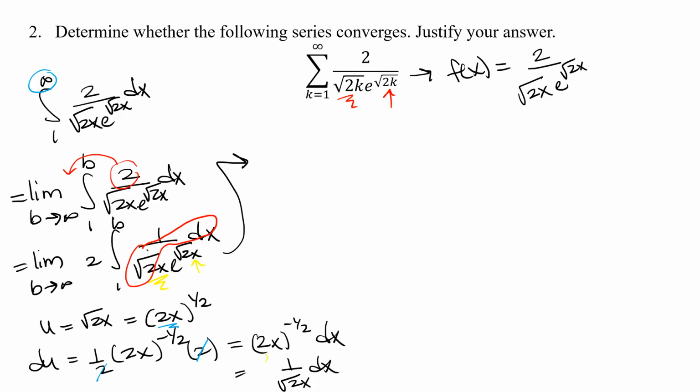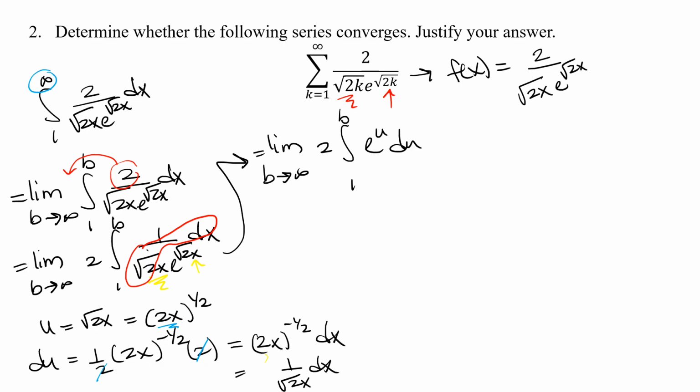So we have that limit in front as b goes to infinity. We have the 2 that we're going to keep. And now we're going to rewrite our integral in terms of u and du. So when we do that, we get 1 over e to the u times our du, just that simple.